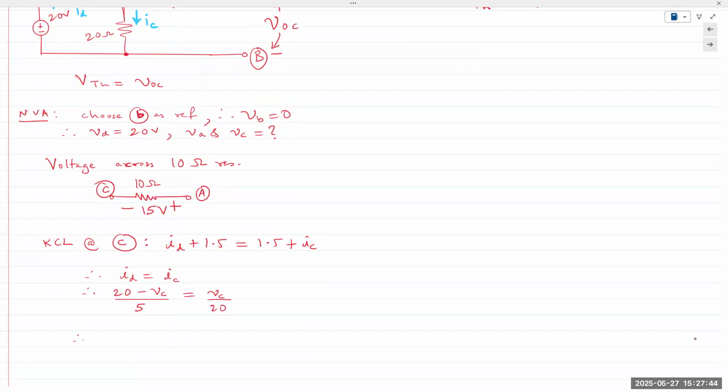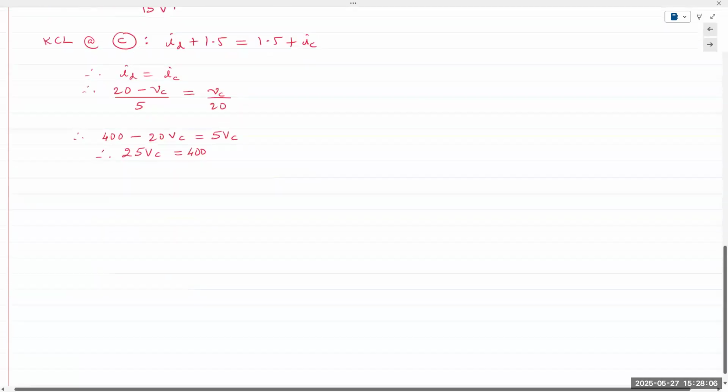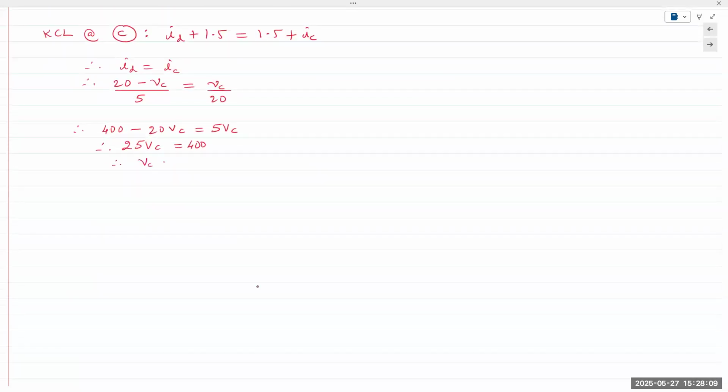Cross multiply, and I get, what is VC? VC is 400 divided by 25, so it's 4. So what, 16? 25 times 4 is 100, times another 4 is 400. Yeah, VC is 16 volts.